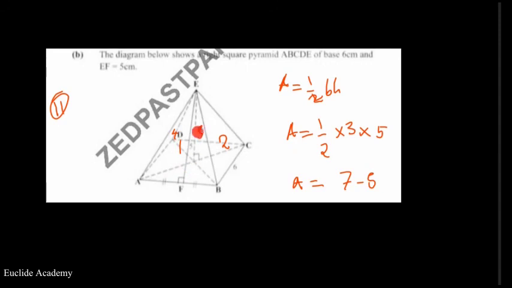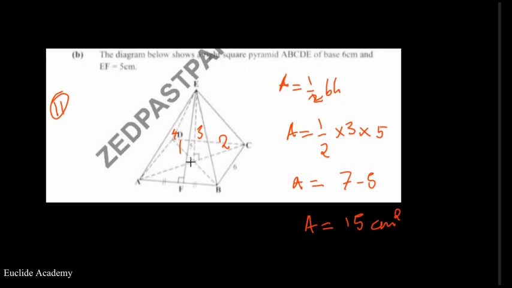Now we know that there are 2 of these because there's this other side as well. It's like you mirror this side onto the other one, so we just have to multiply by 2. So 7.5 times 2 gives us 15. So the area is going to be 15 centimeters cubed for one face.